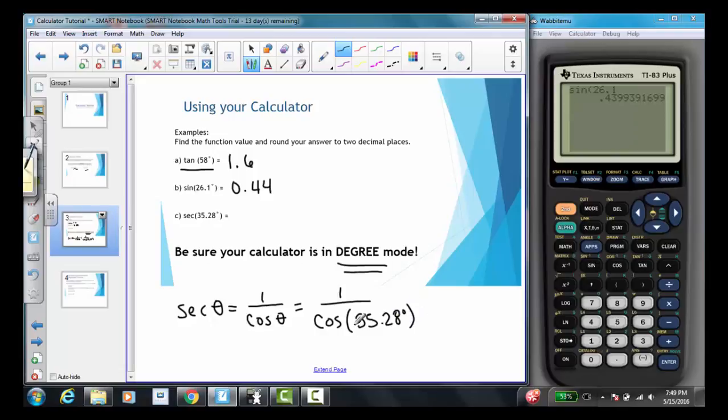So now that I have it in terms of cosine, I can put it in my calculator. 1 divided by cosine 35.28 degrees, enter. And that gives me 1.225.